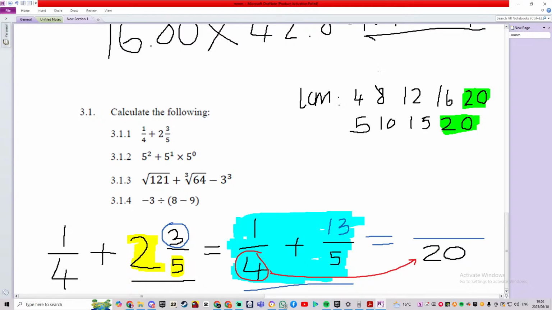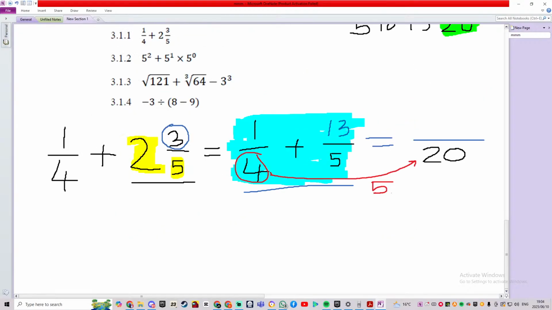It goes into 20 5 times. Then I multiply it by the numerator, which is 1. That's equal to 5. So I put the 5 on the top. Then that sign there goes there, plus.